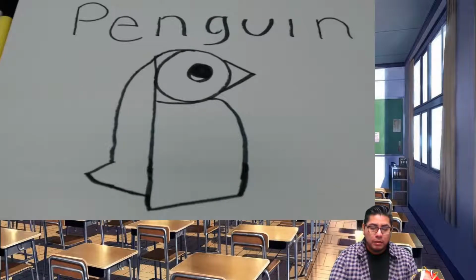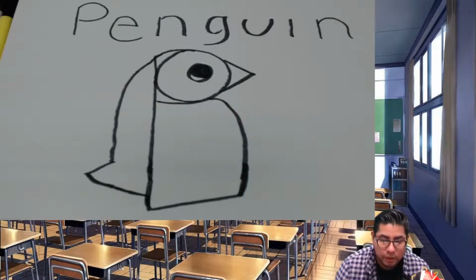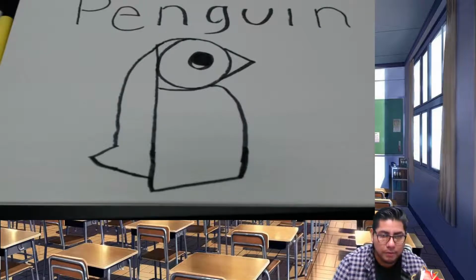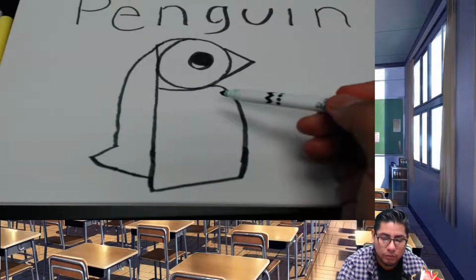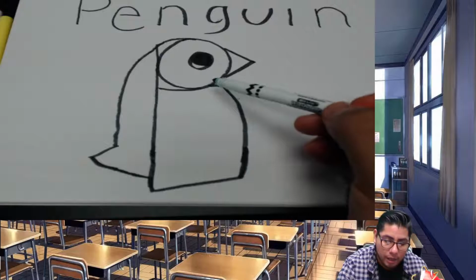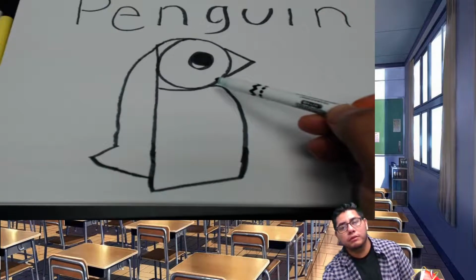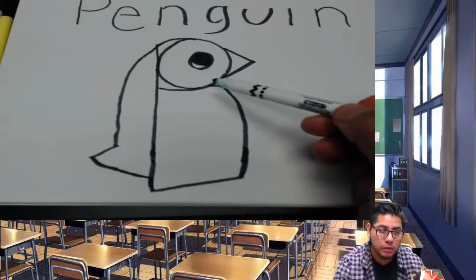And before we do the feet, because it kind of looks like I ran out of space on mine, I'm gonna work on the arms, and to do that, it's going to be like a little boomerang almost.